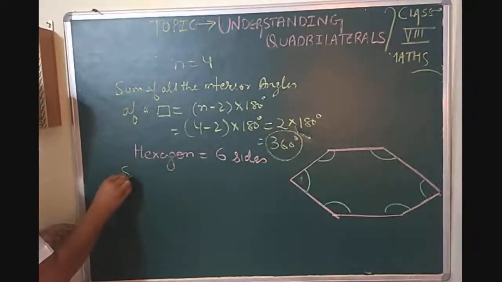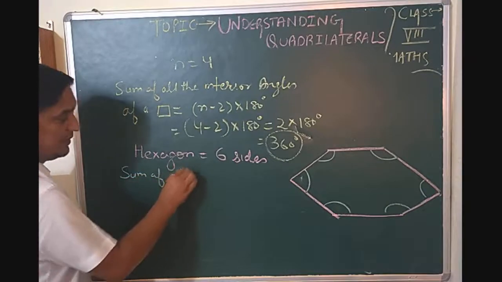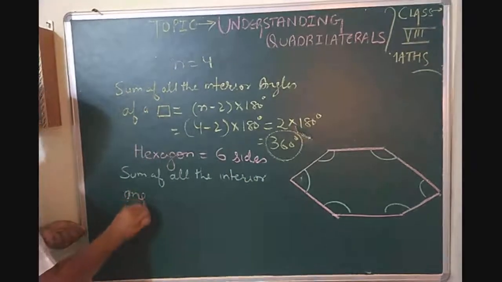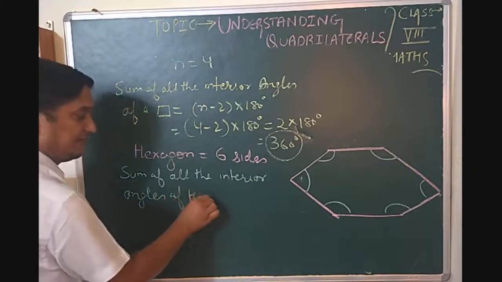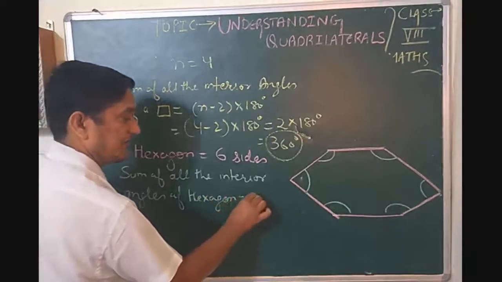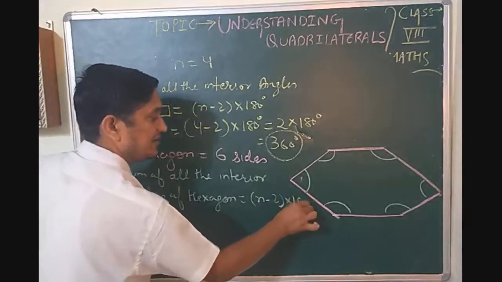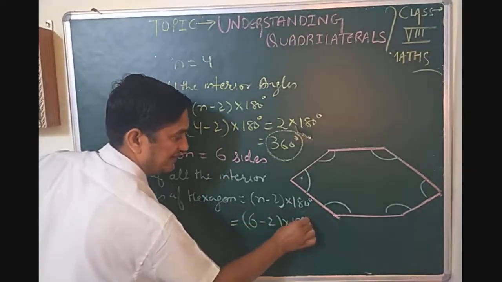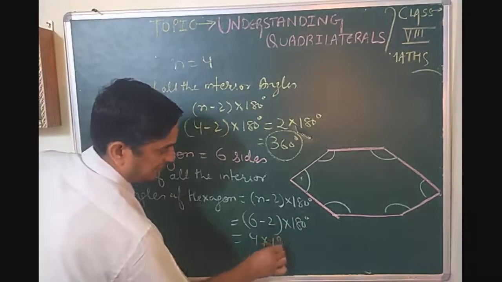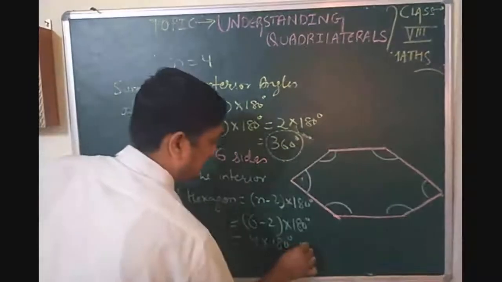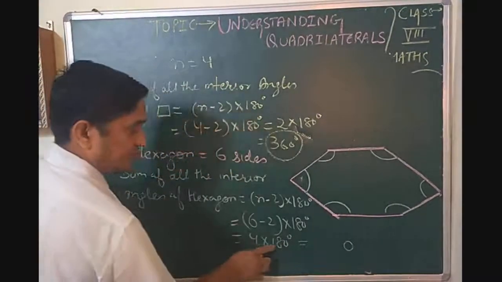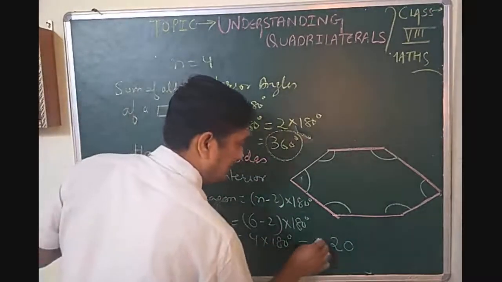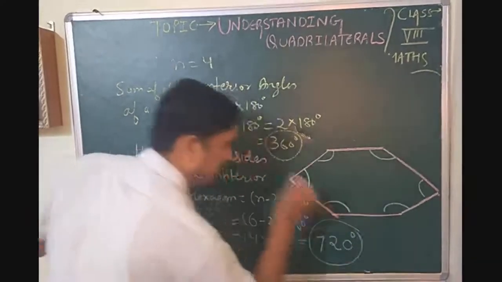So the sum of all the interior angles of a hexagon is equal to, that formula is (n minus 2) into 180 degrees. So it becomes (6 minus 2) into 180 degrees. It becomes 4 into 180 degrees, which is 720 degrees.